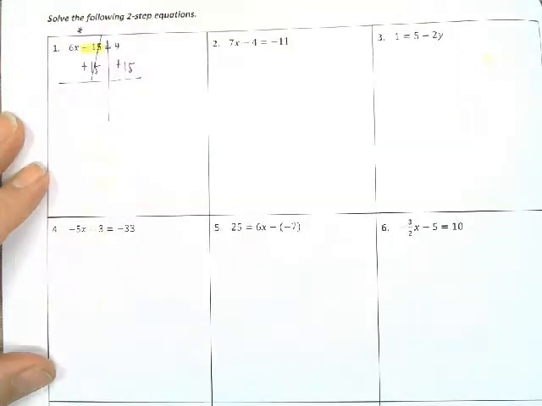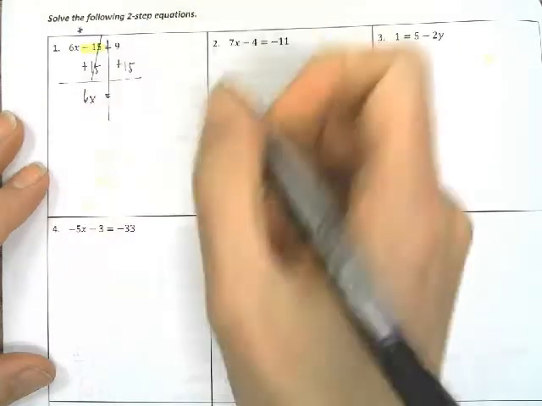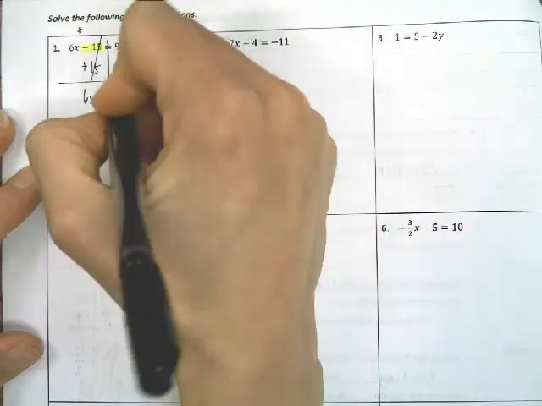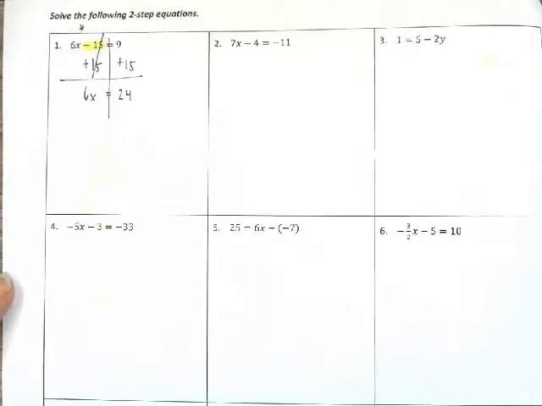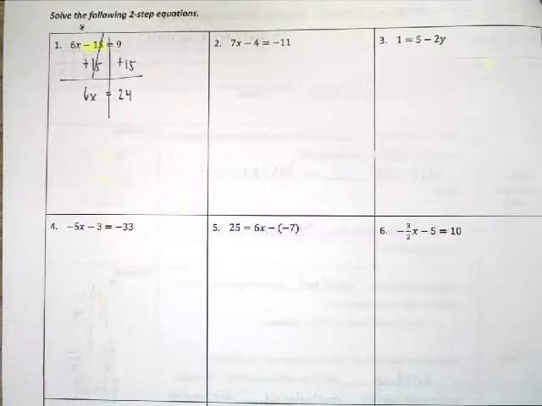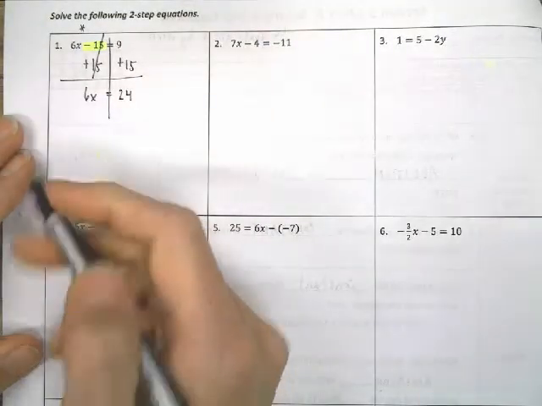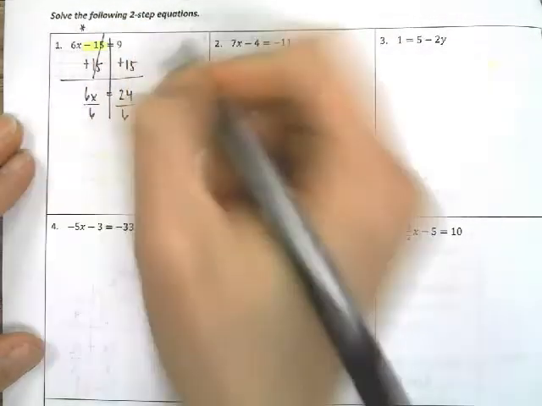So those are going to cancel. I bring down my 6x. And if I use my calculator to add 9 and 15, I'm going to get 24. Remember, now we're just back to our one-step equation, and you guys already know how to do this. Here's 6x. That's telling me I have multiplication. To undo that, I need to divide both sides.